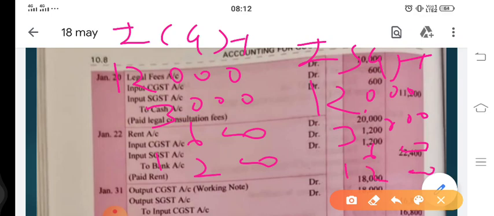So let's check what is the total input that we have paid for CGST and SGST. The total input will be 12,000 plus 3,000 plus 600 plus 1,200. 12 plus 3, 15, 16,800. So 16,800 is the total amount of input CGST and input SGST.